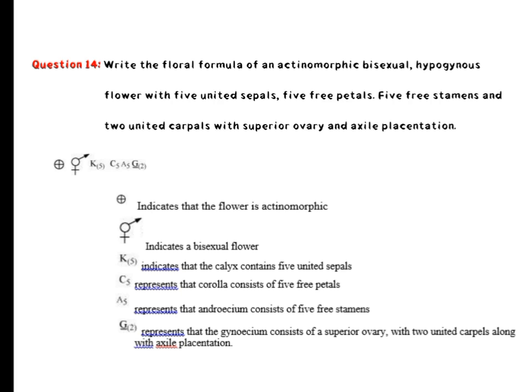I am giving you a task: draw the floral diagram with the help of this floral formula. This is your assignment, and all of you should submit it.